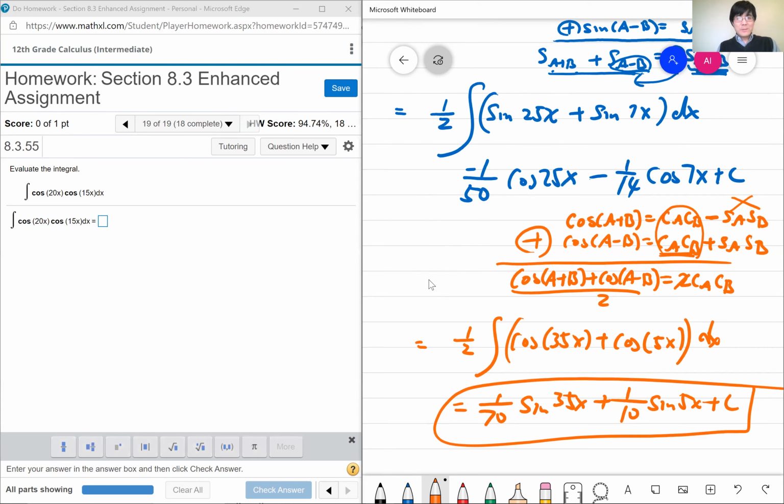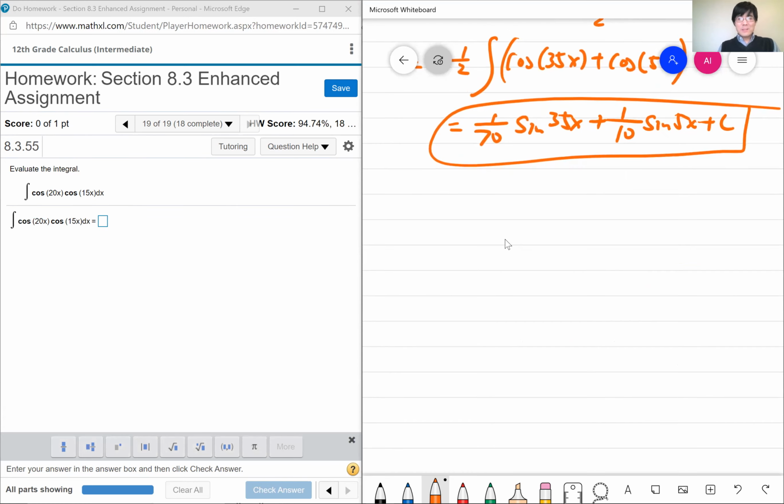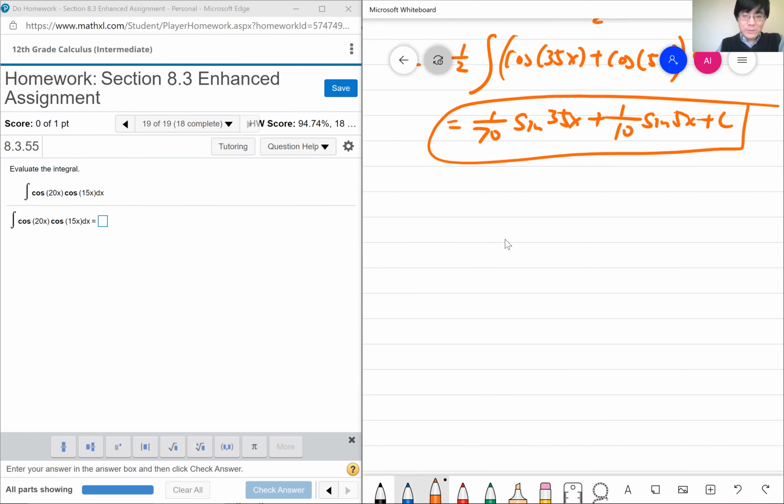But there's another way to solve this one, which is something I'm not going to recommend much. But here's how. From section 8.2 in previous section, we have learned integration by parts. So look at this as a product of two functions. So let's say one of them is f, another one is g dash.